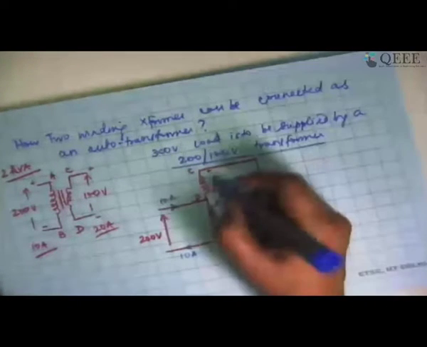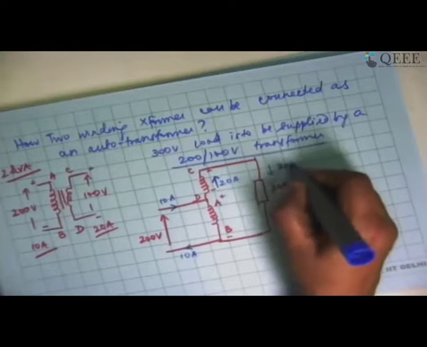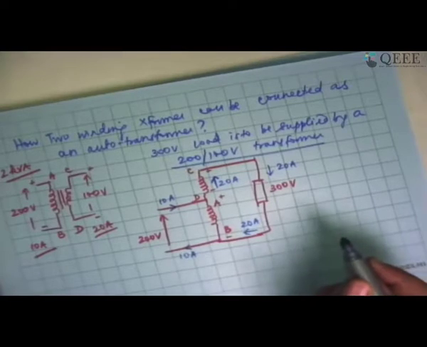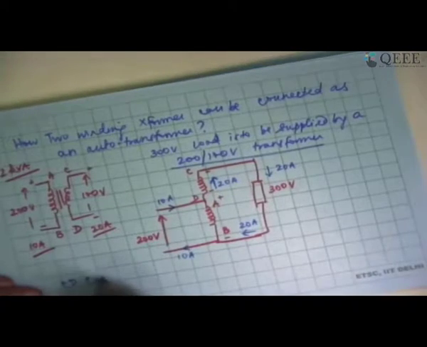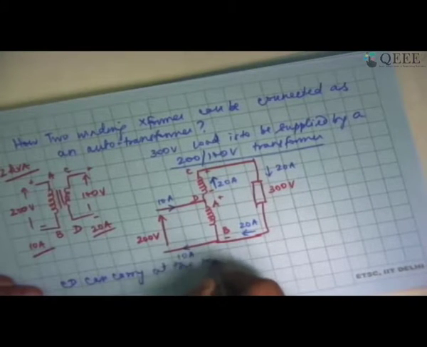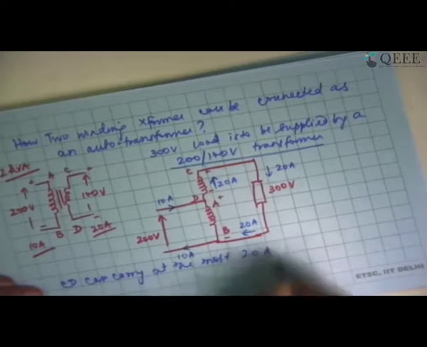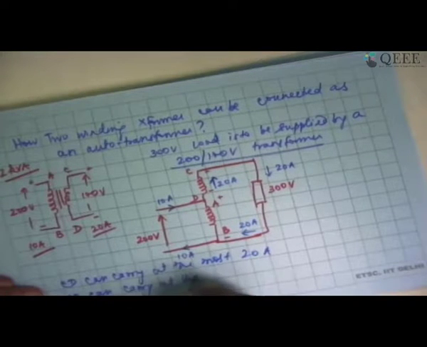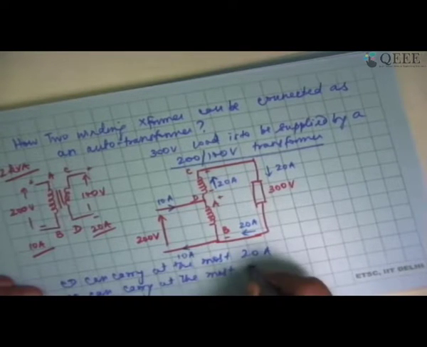Let me probably finish the whole thing first of all. This is 20 ampere. So 20 ampere is flowing through this, and 20 ampere is going to return like this. Please note that CD can carry at the most 20 ampere, and AB can carry at the most 10 ampere.